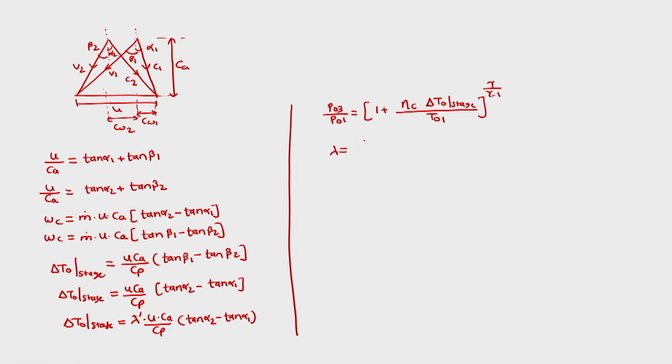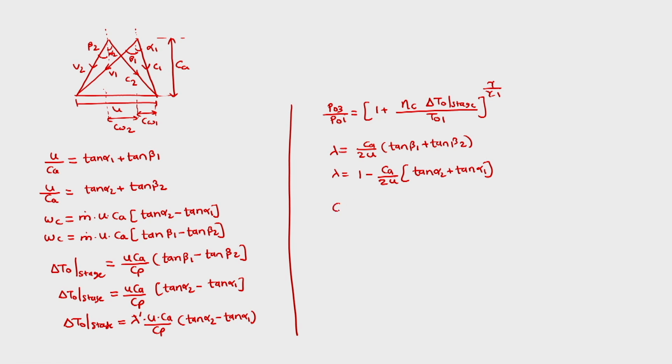Further, degree of reaction lambda is equal to CA upon twice U into (tan beta 1 plus tan beta 2). So, it is equal to lambda is equal to 1 minus CA upon twice U into (tan alpha 2 plus tan alpha 1).